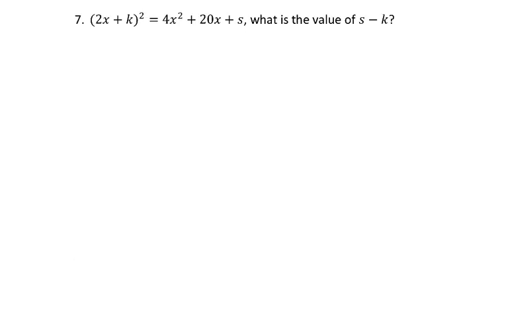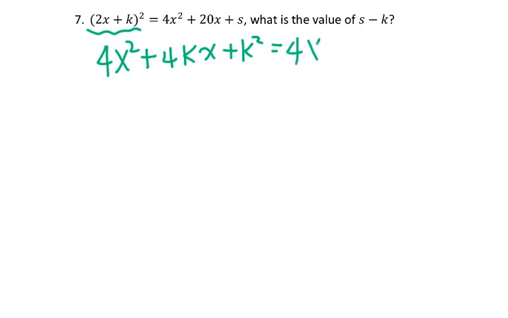For number 7, (2x plus k) squared equals 4x squared plus 20x plus s. What's the value of s minus k? So we need to expand (2x plus k) squared. That will be 4x squared plus 4kx plus k squared, equals 4x squared plus 20x plus s.